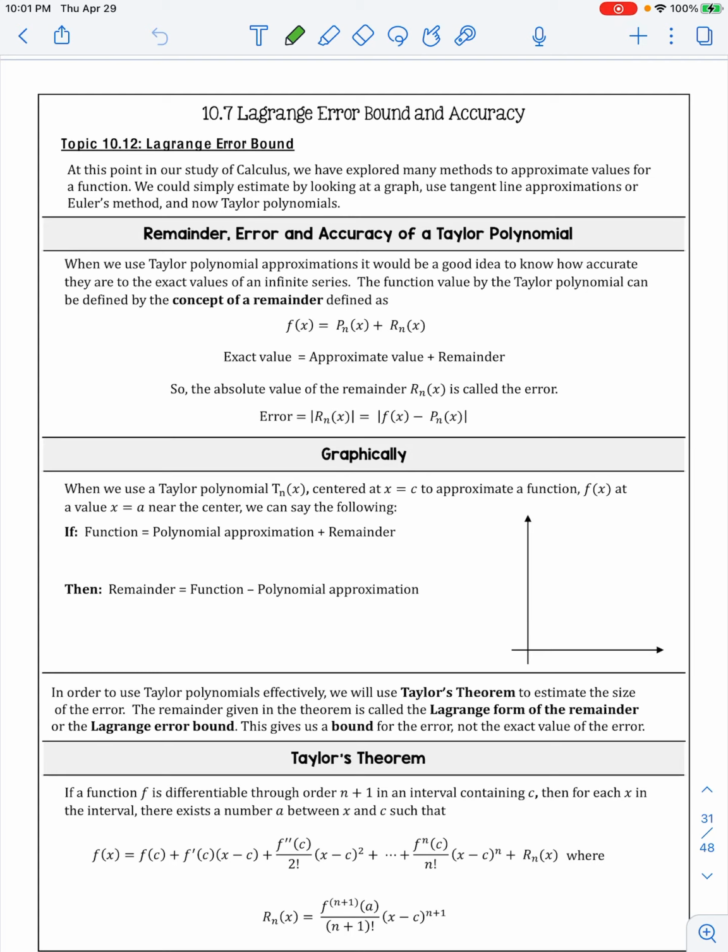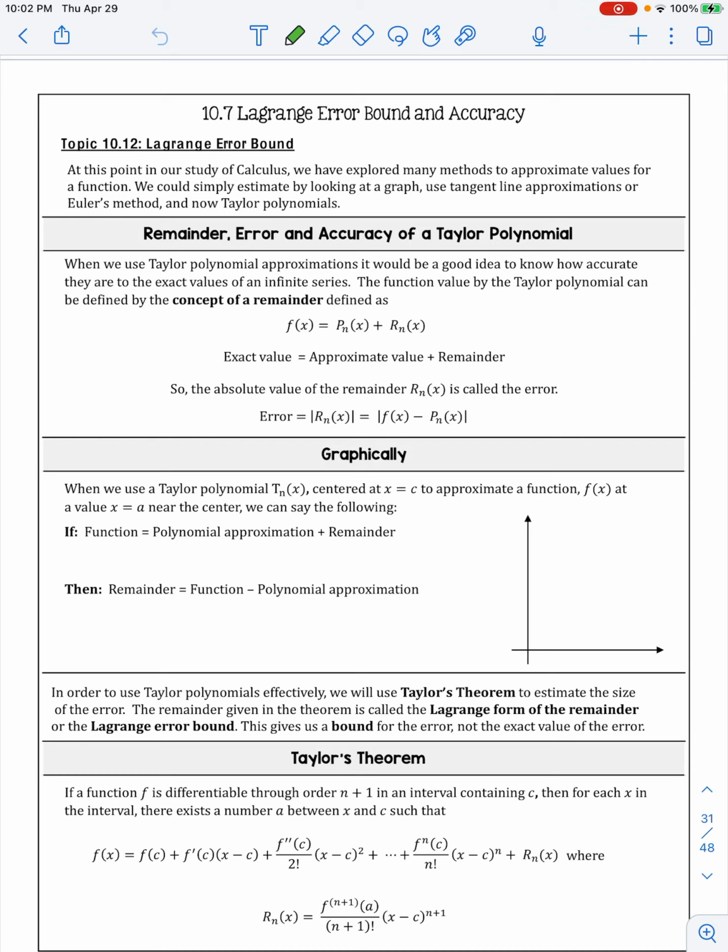So the exact value is equal to the approximate value plus the remainder. The absolute value of the remainder, R sub n of x, is called the error. So the error is the absolute value of the remainder sub n of x, which is our f of x minus our P sub n of x.